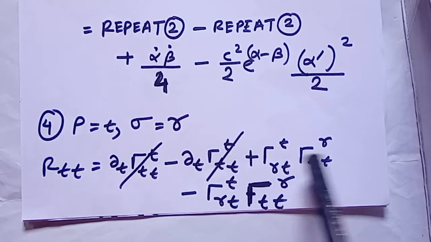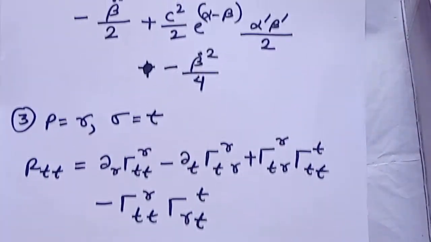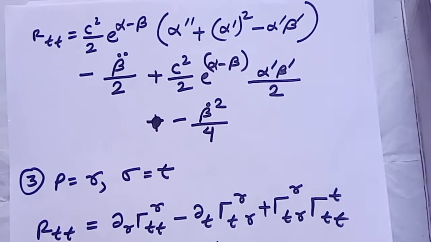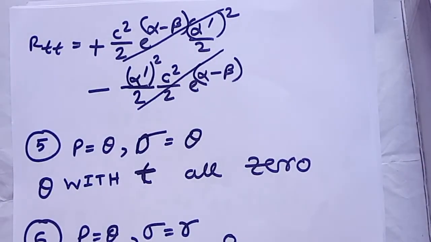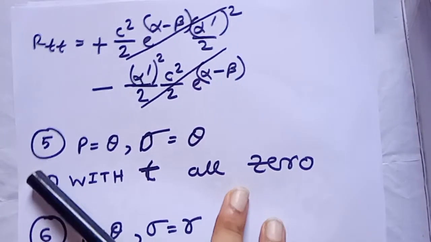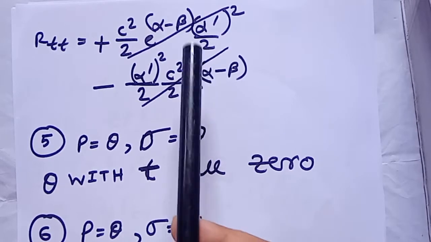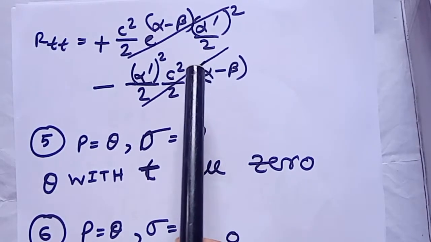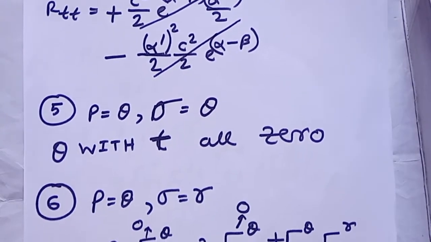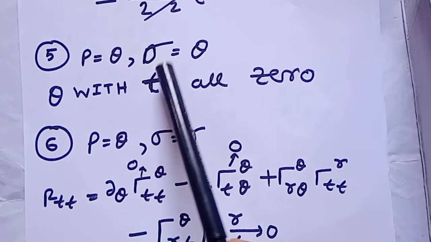We put in the Christoffel symbols, and these two components are the same with negative sign, and cancel each other, so this combination gives total R_tt equal to 0. Now another combination, rho equal to theta and sigma equal to theta.